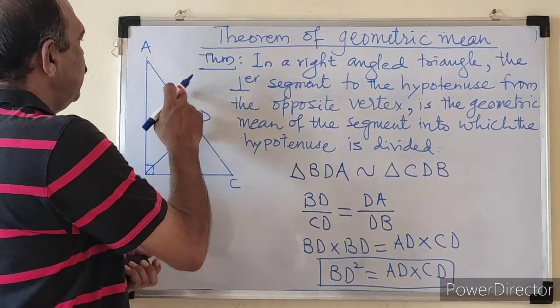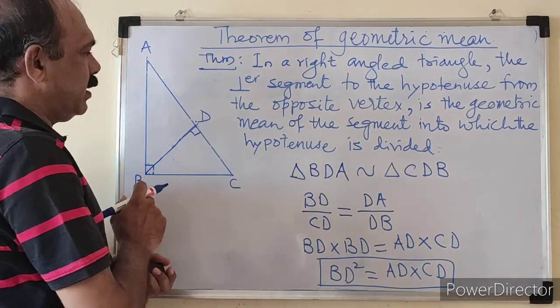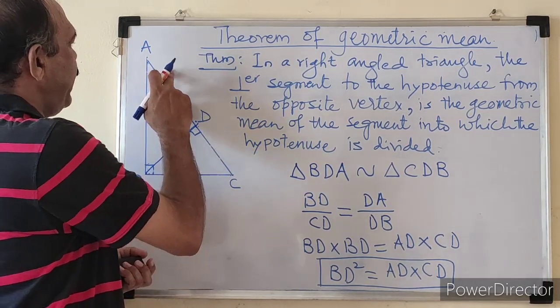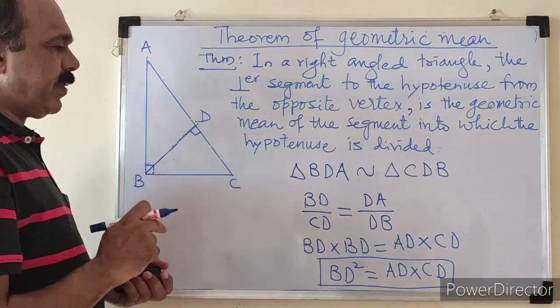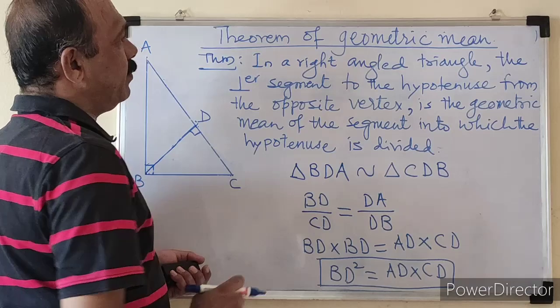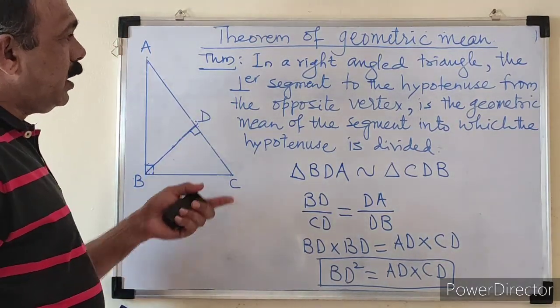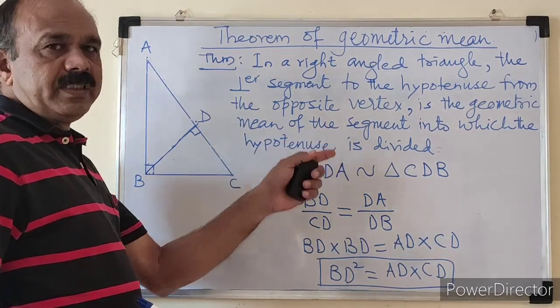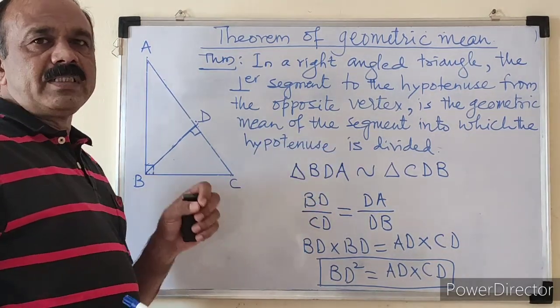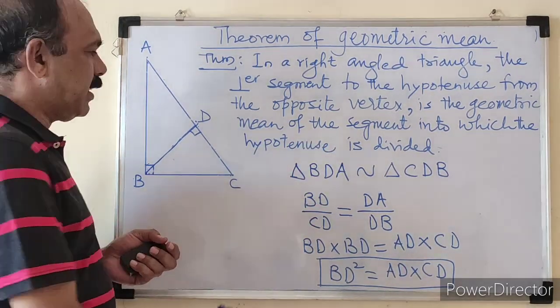Here this hypotenuse is divided into two parts. So BD square is equal to AD into CD. So this is called the geometric mean. This is the theorem of geometric mean. This is the short theorem. The proof of this theorem will not be asked, but the examples on this theorem are asked.